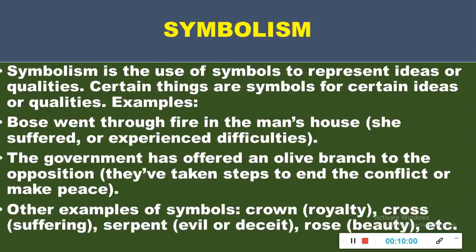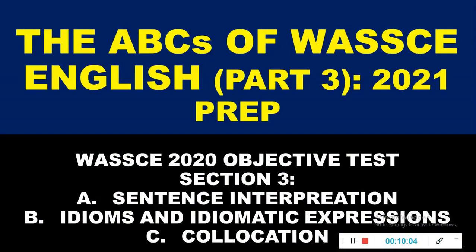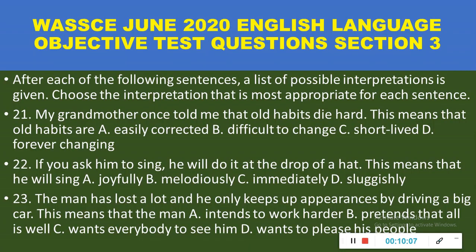Now, having looked at these devices, let's go back and look at the questions and try to solve them using the literary devices and also using the additional grammatical principle of collocation. Of course, collocation is a group of two or more words that are used together in a sentence, that tend to go together.